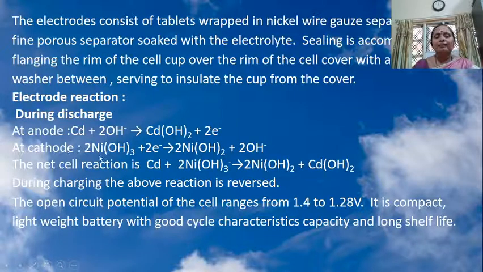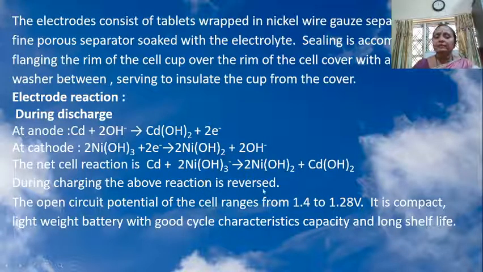At the cathode, nickel hydroxide combines with these electrons to give nickel hydroxide in a lower state. The oxidation state of nickel in one case is +3 and in the other it is +2. So nickel is reduced at the cathode. In the net cell reaction, nickel is reduced and cadmium is oxidized.